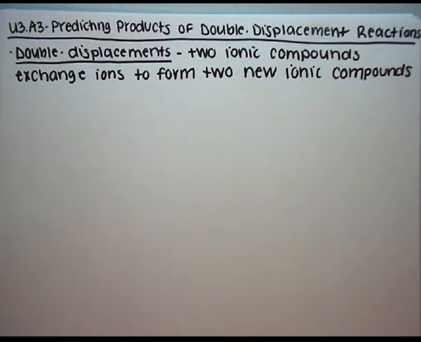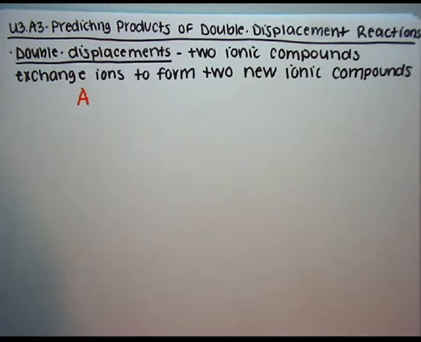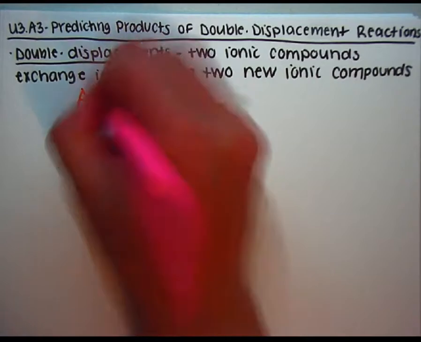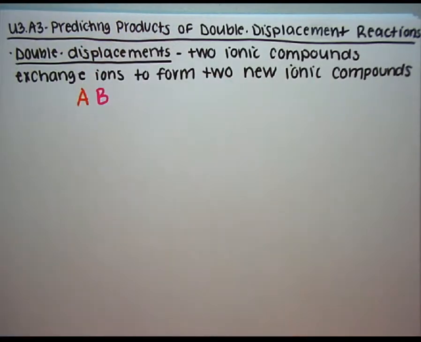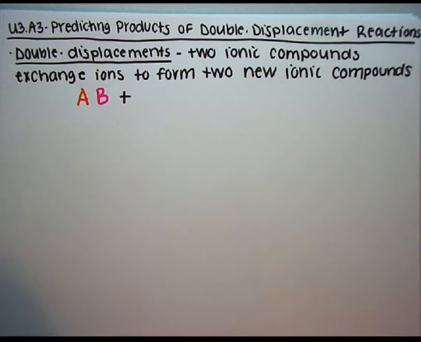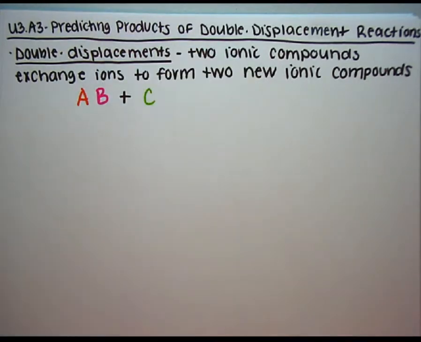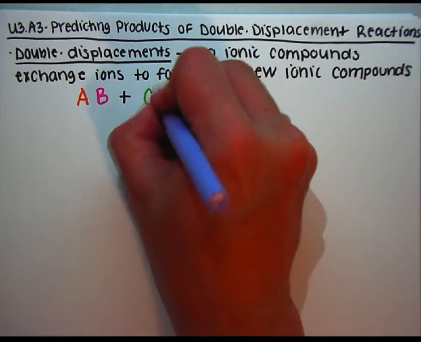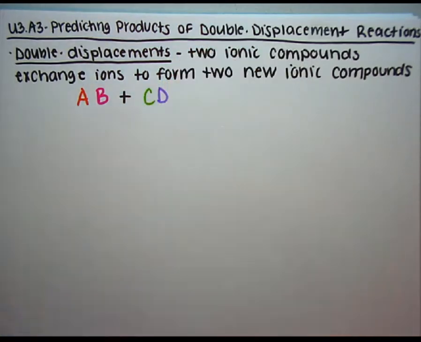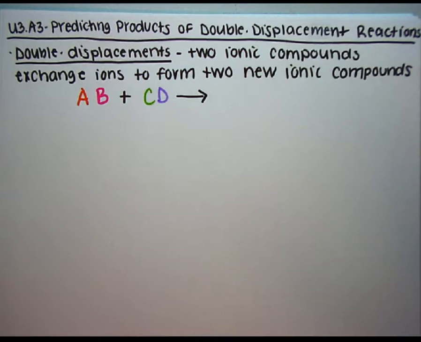What this would look like. Let's say I have compound AB, and it is reacting with compound CD. What happens is that they are going to exchange ions.